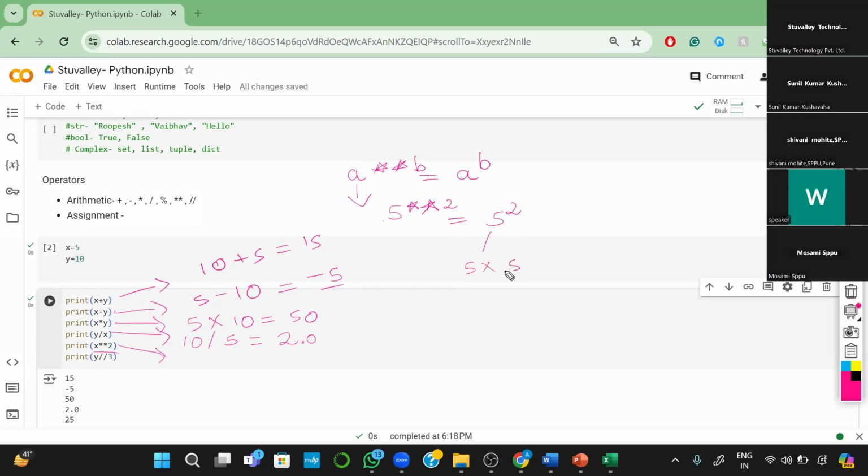It means 5 multiplied by 5, 2 times. So that's what we have written. 5 multiplied by 5 is 25. Clear? Can you write the output of this, everyone, in the chat?